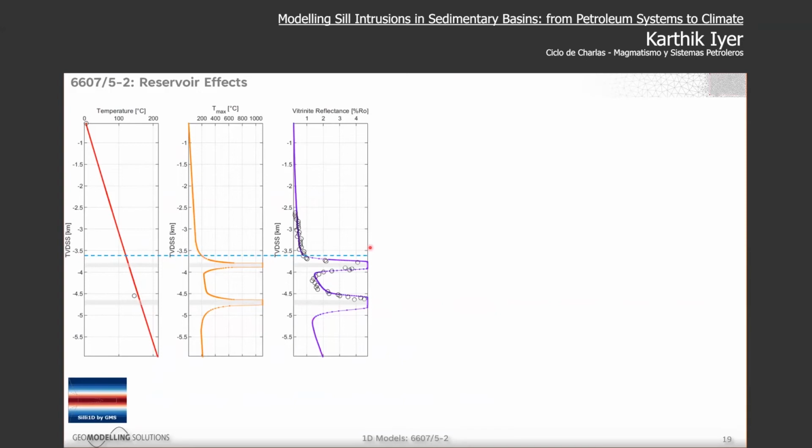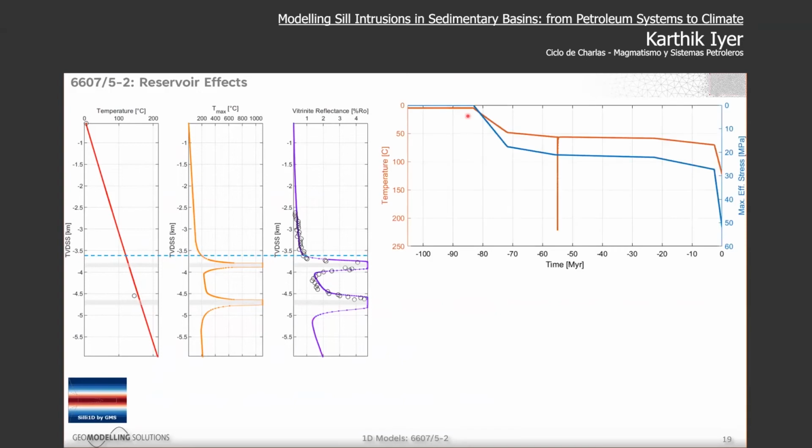We can extract the temperature history. So temperature is increasing downwards now. So nothing is happening here. That's because this point does not exist till then. This point comes into existence here at around 84 million years. And then there's burial. It progressively gets buried. There's a different sedimentation rate. Then suddenly, bam, the sills come in.